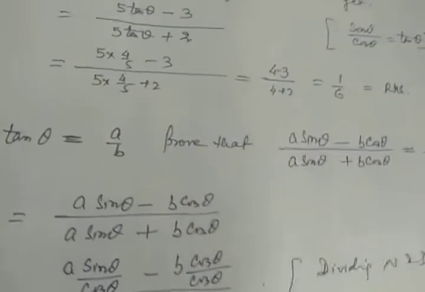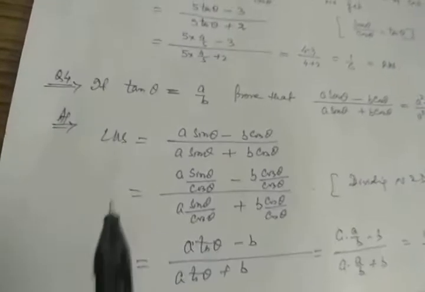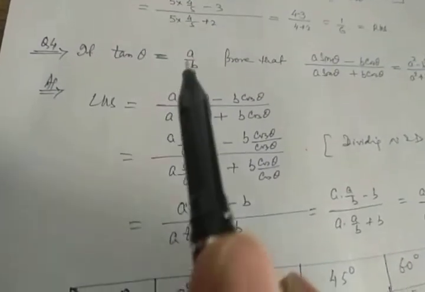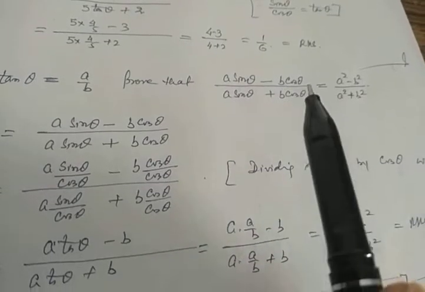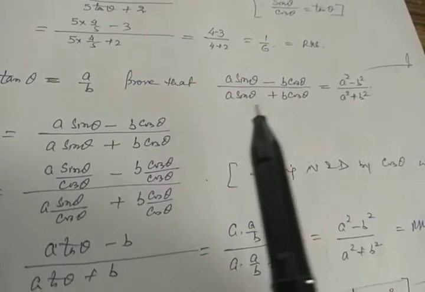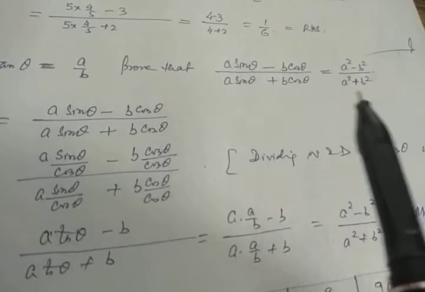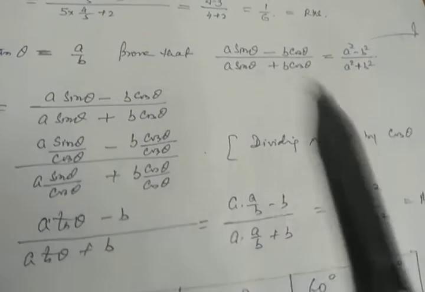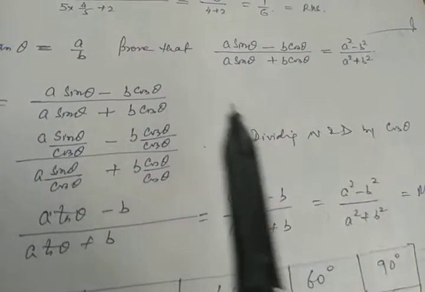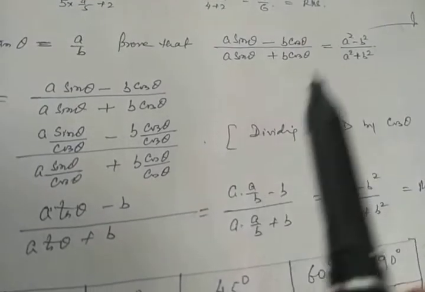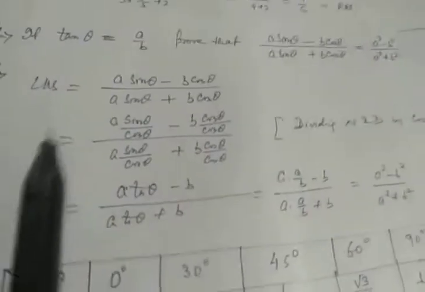Just see one more problem of the same type. Here tan theta is given as A by B, and you have to prove that a sine theta minus b cos theta divided by a sine theta plus b cos theta is equal to a square minus b square by a square plus b square. Now we observe that it is also of the same type. So what do we do now?